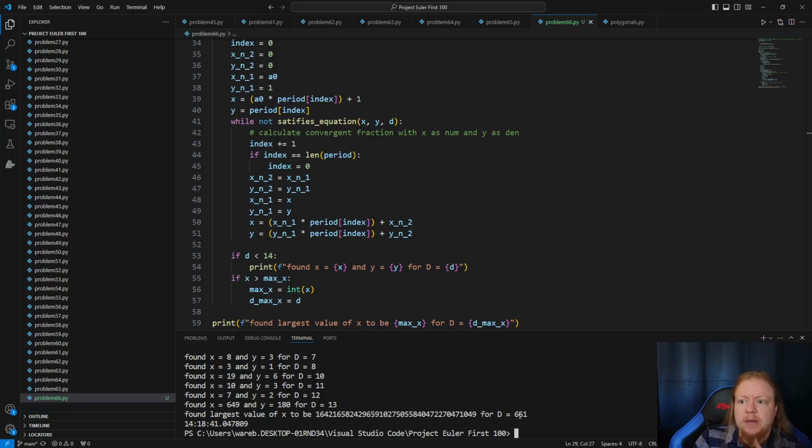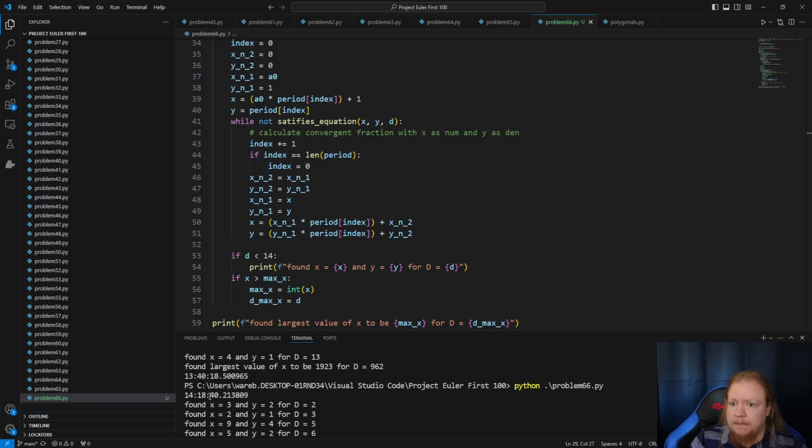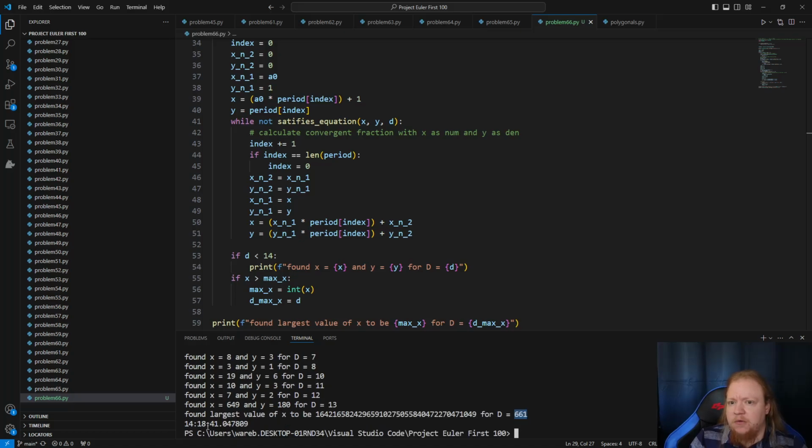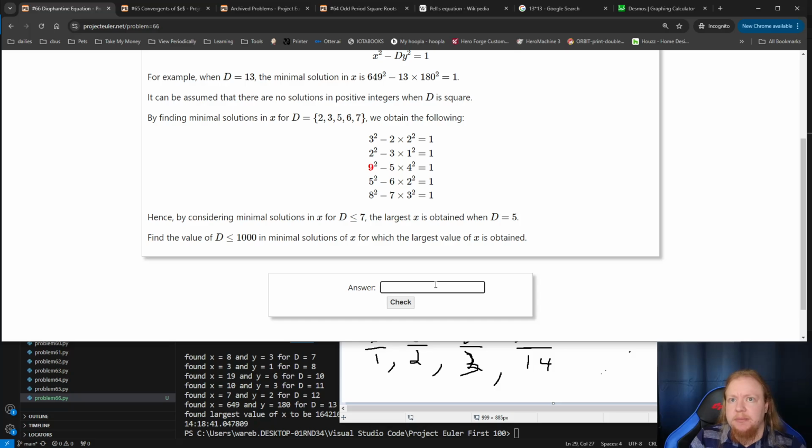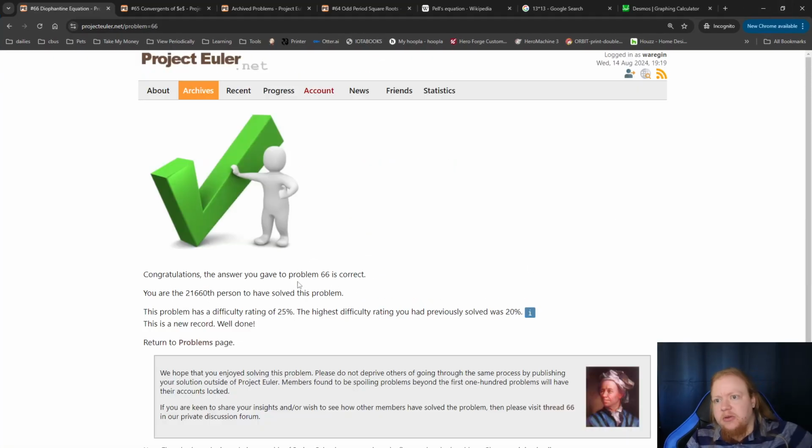So, maybe I'm getting the correct answer altogether. And it went from 1840 to 1841, so 1 second. Much, much improvement. Let's find out if I'm right. And that is the correct answer.